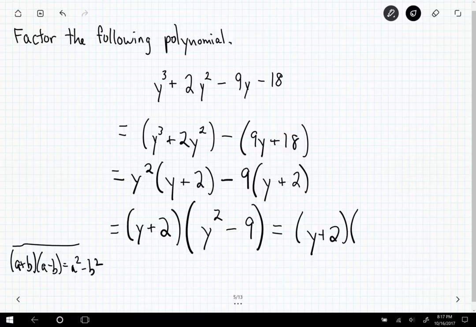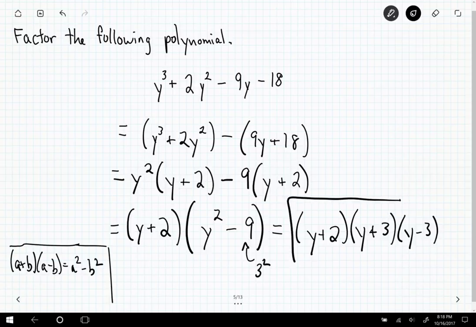So that's just the difference of squares, right? And in this case, we have y squared, so y has replaced a, and 9, if you recall, is just 3 squared. So the way we could break this apart just goes y plus 3 and y minus 3. And this is a fully factored form of what we had up above.